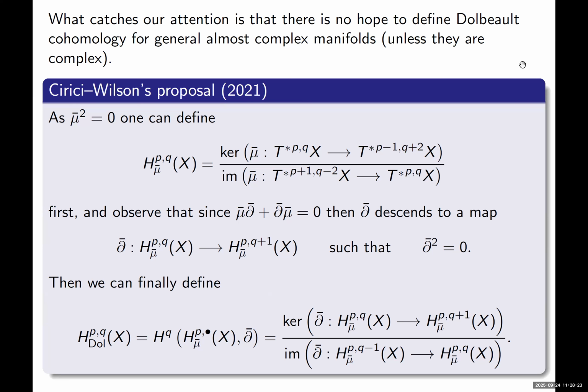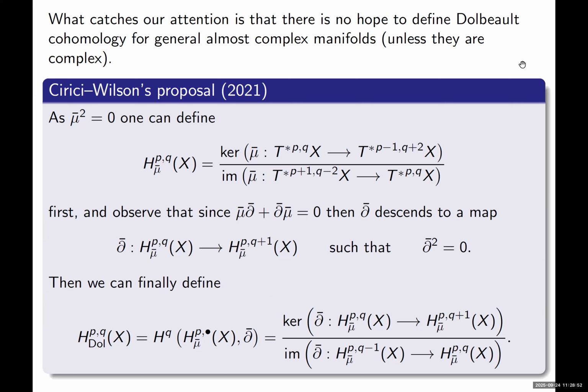So now it is a differential, and we can finally define the Dolbeault cohomology of an almost complex manifold as the kernel of this del bar over the image of this del bar. So it is something involved. It's not so natural. Of course, if we are starting with a complex manifold, we recover the usual Dolbeault cohomology.